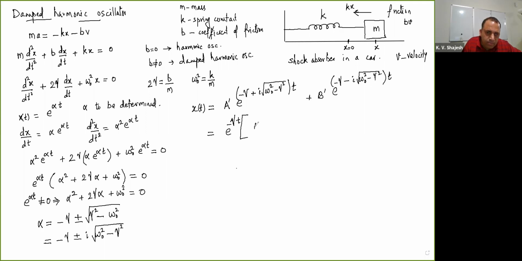So this is a prime times exponential of i square root of omega naught square minus gamma square times t, plus b prime times exponential of minus i square root of omega naught square minus gamma square times t.